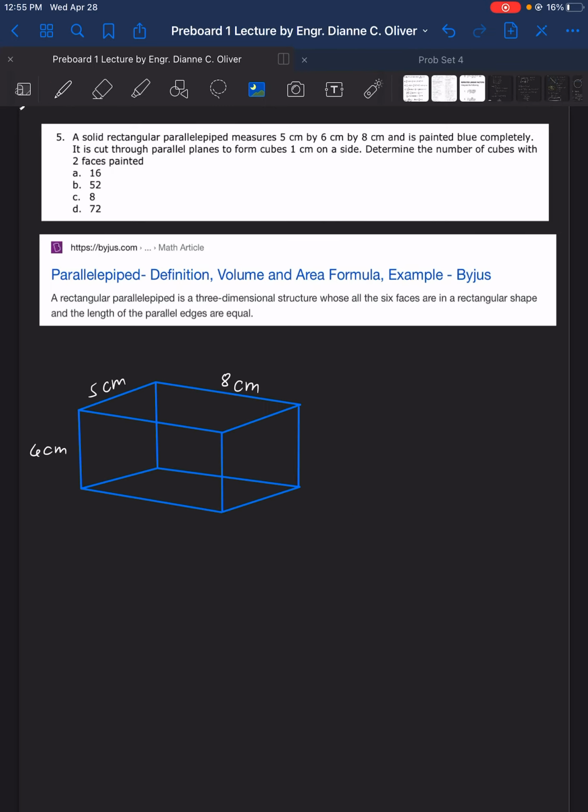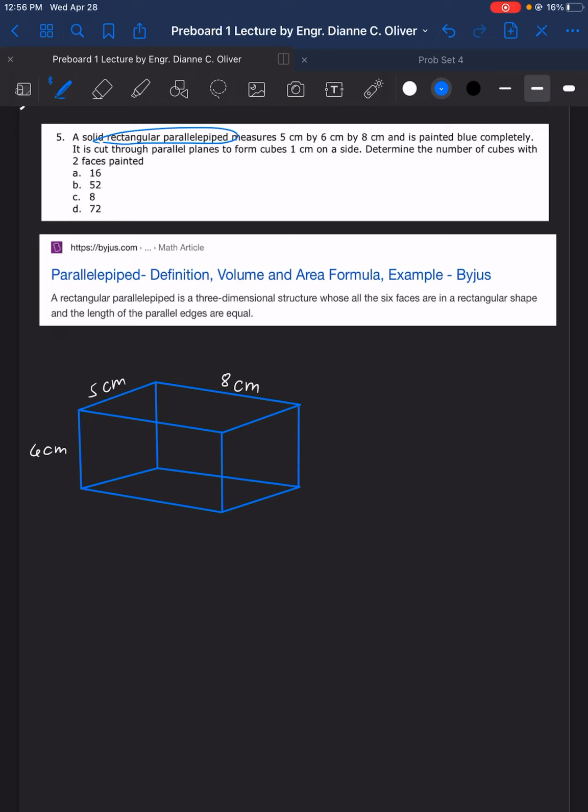Okay, so parallelepiped definition. A rectangular parallelepiped, which is it in the problem, is a 3-dimensional structure whose 6 faces are all rectangular and the lengths of the parallel edges are equal.